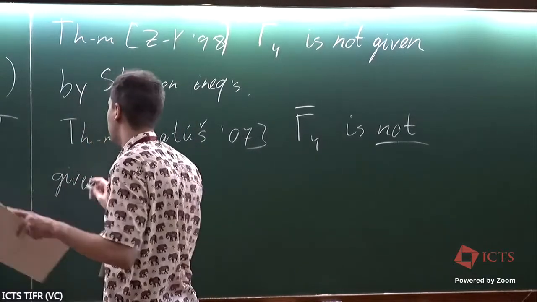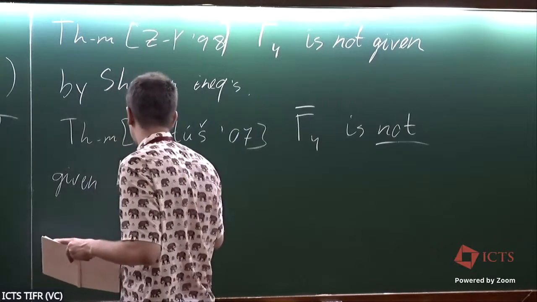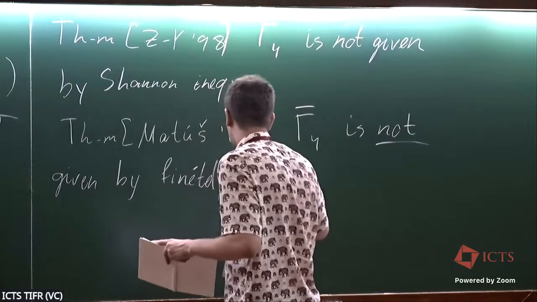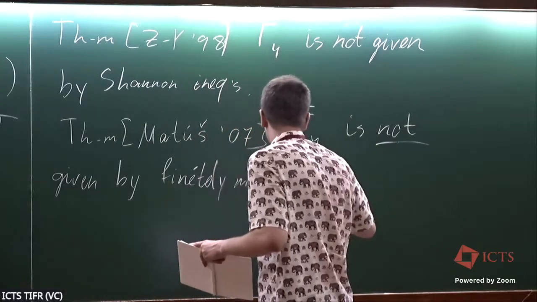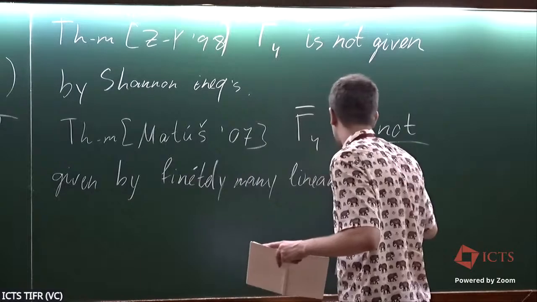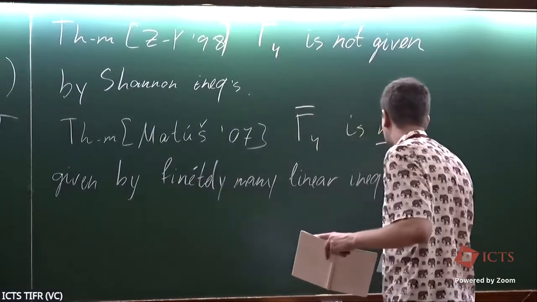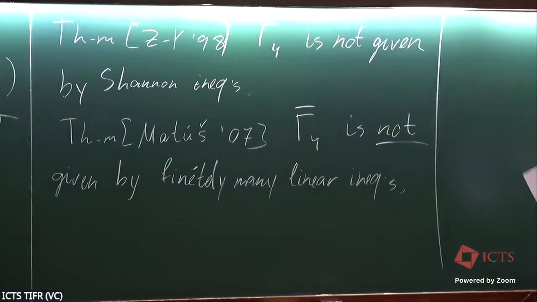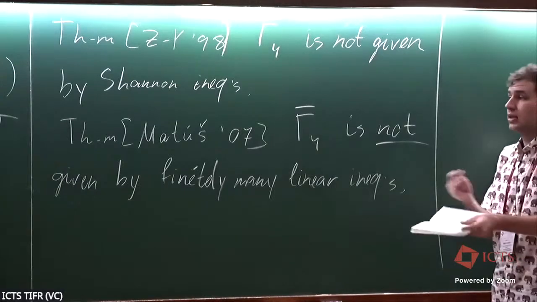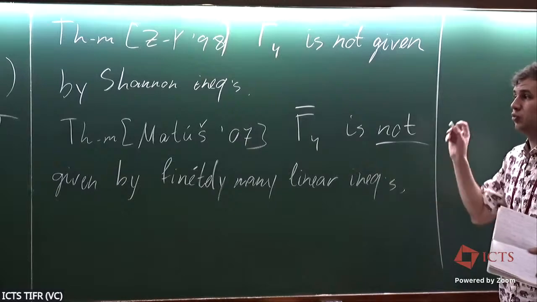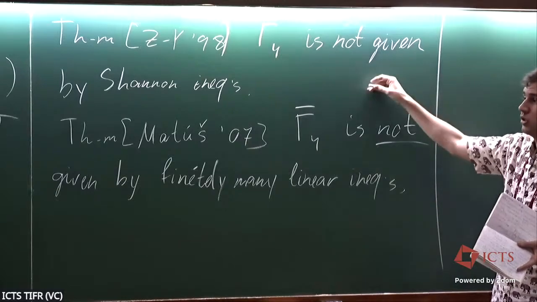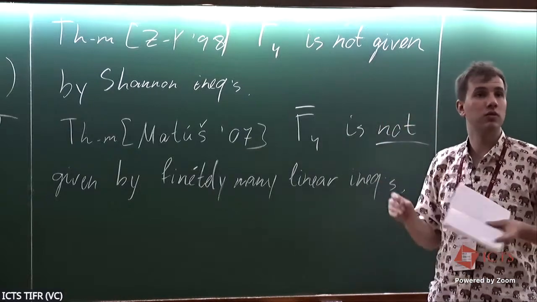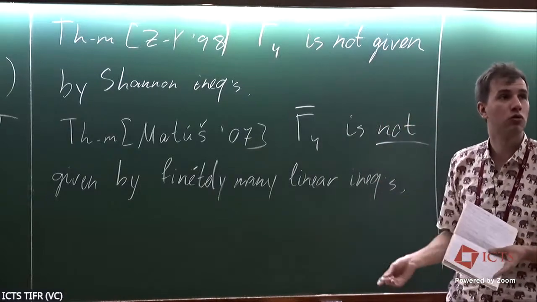It's not a polyhedral cone. Okay, so this was the development. Given a point in a 15-dimensional space, it's not clear how to figure out whether it is in gamma 4 or not.